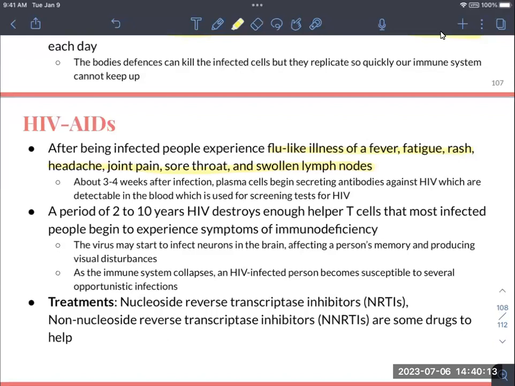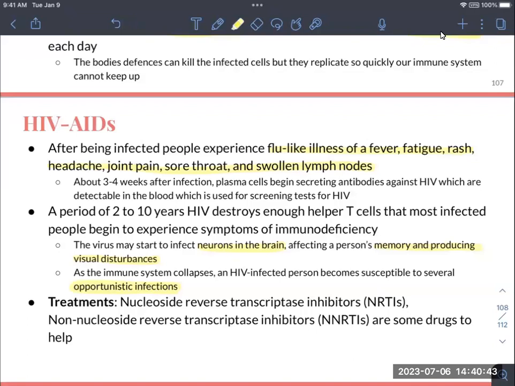HIV can start to infect the neurons in the brain, which causes memory problems and can cause visual disturbances. These other viruses that come in and invade the system are known as opportunistic viruses. A lot of times people with HIV and AIDS die of opportunistic infections, because their immune system cannot fight it off.